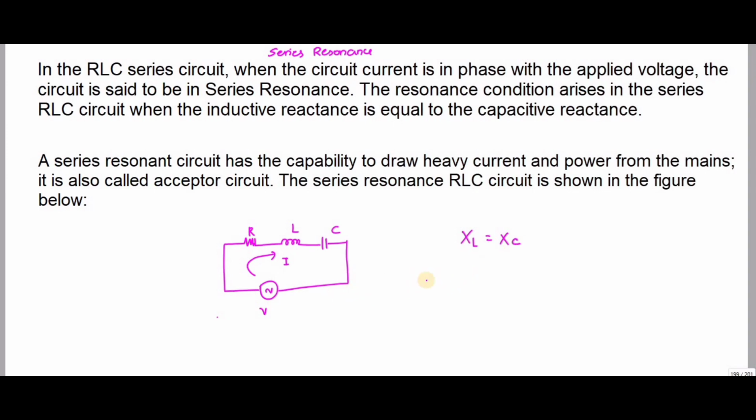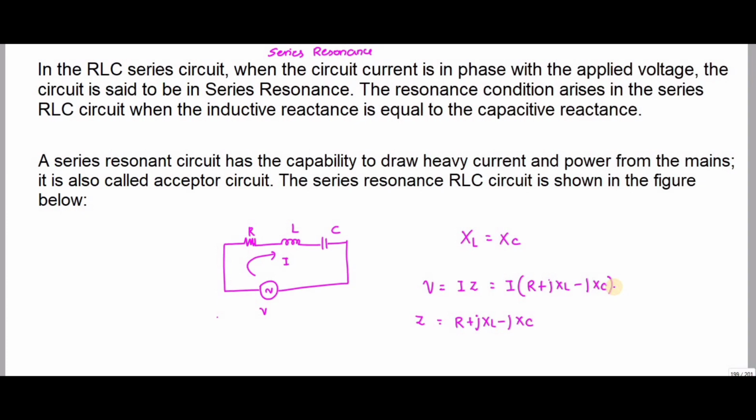So we know from this equation V is equal to I into Z, right? So what is Z? Z is equal to R plus JXL minus JXC. If I substitute, I will get I into R plus JXL minus JXC.